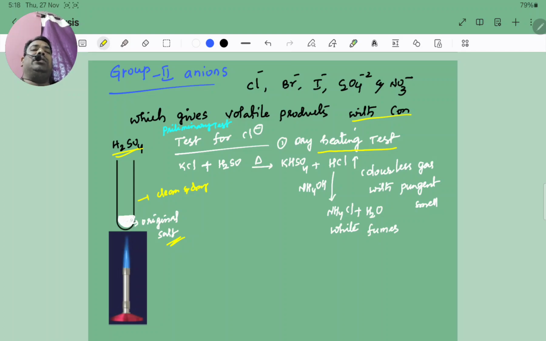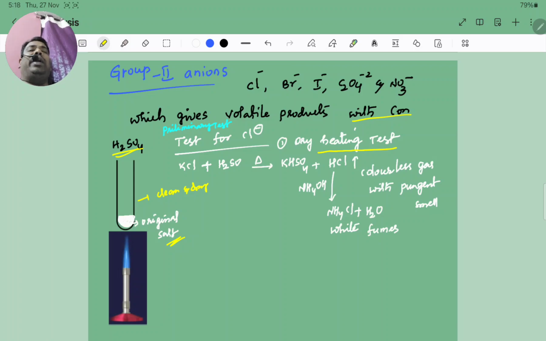So then after a few seconds, it starts to produce some colorless gas with a pungent smell, right? This colorless gas with pungent smell indicates that HCl gas is produced, right?